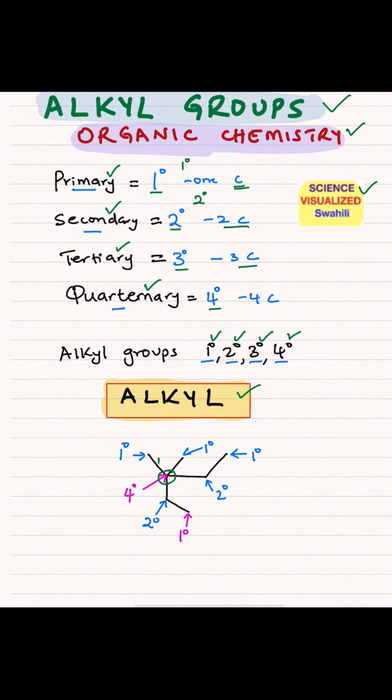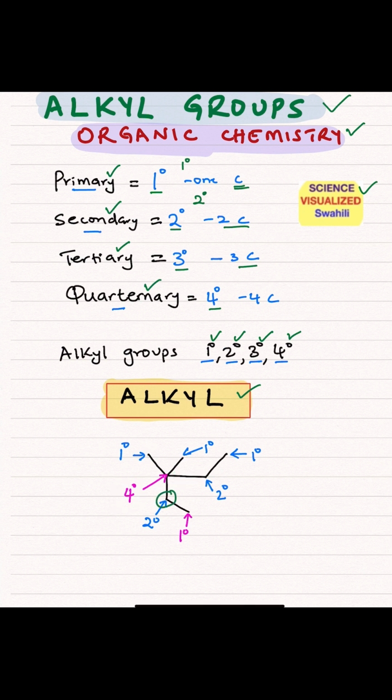Next, this carbon here has 1, 2, 3, and 4 carbons connected to it. So we'll say 1, 2, 3, and 4, and that makes it a quaternary alkyl group.